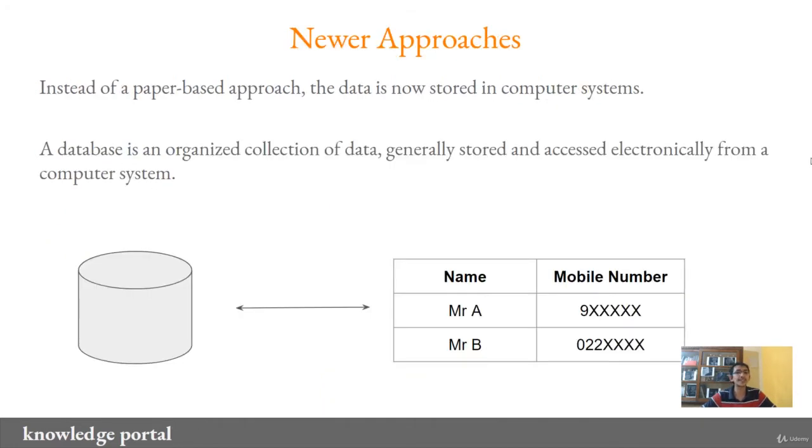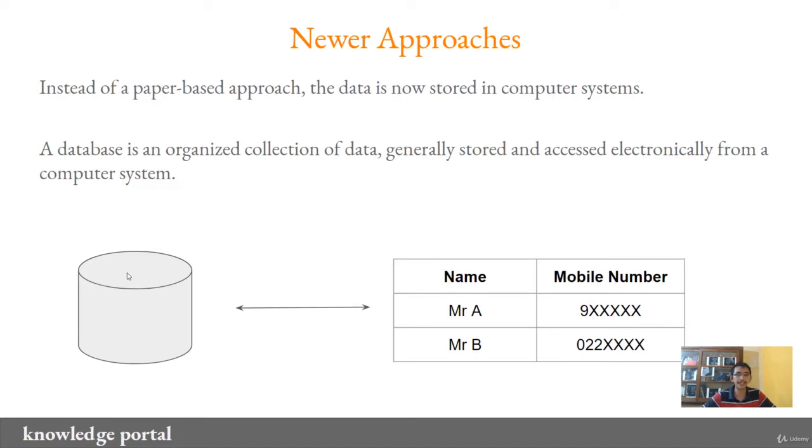This is one of the reasons why, instead of a paper-based approach, data is now preferred to be stored in computer systems. When you discuss storage of data, the term database is very popular. A database is an organized collection of data, generally stored and accessed electronically from a computer system.